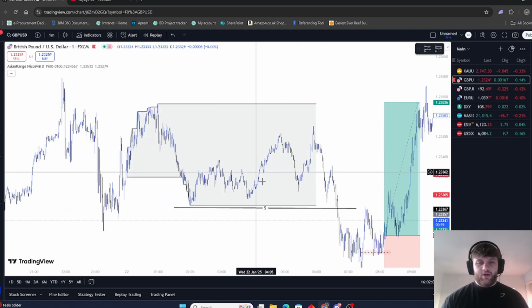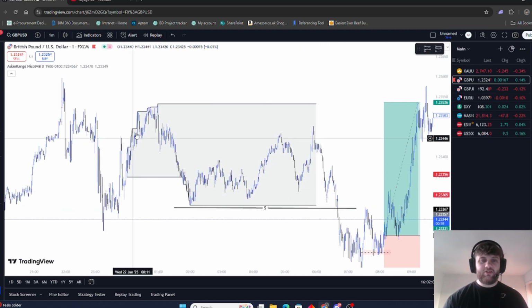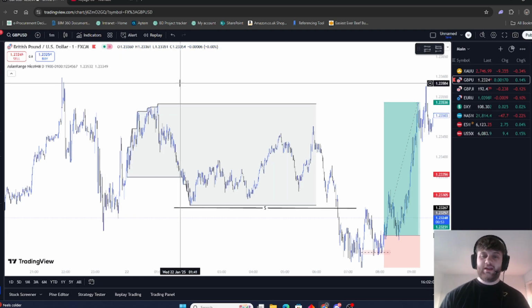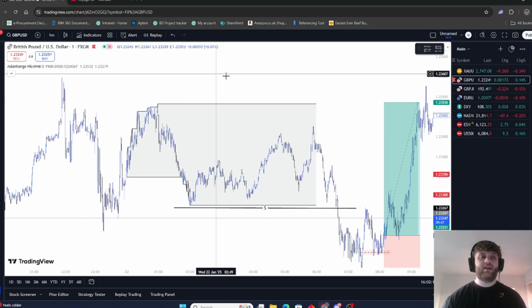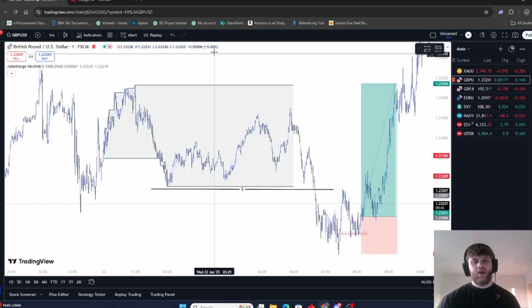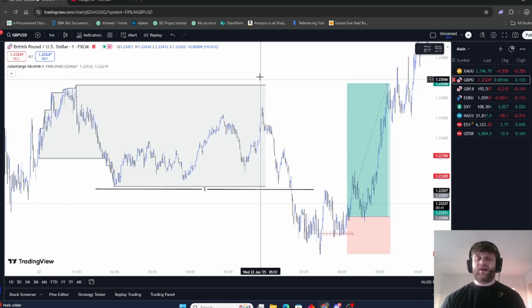Now this range will be this here, which is the Asian trading session on the markets on GBP USD, because this trading strategy works the best with this pair. It does work with Euro USD, however I just favour GBP USD as I find it better.